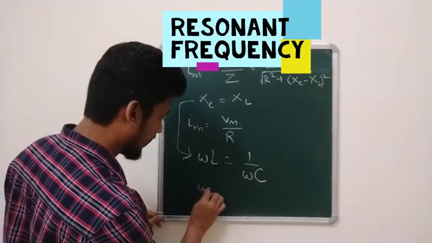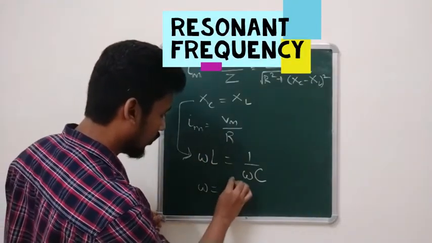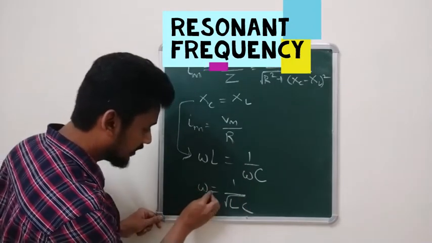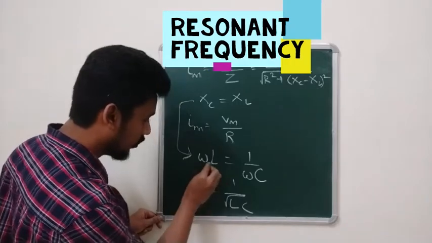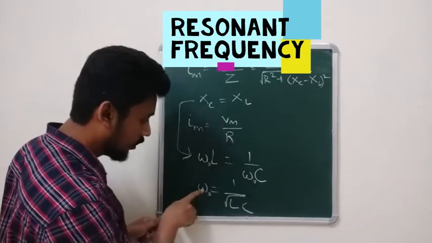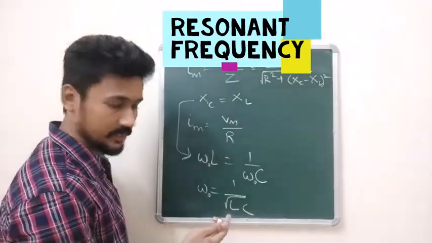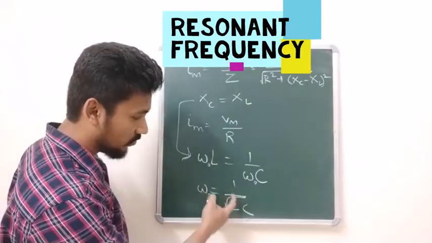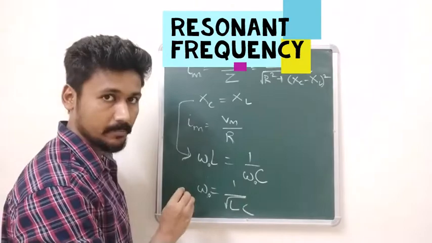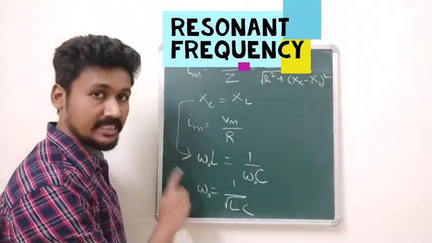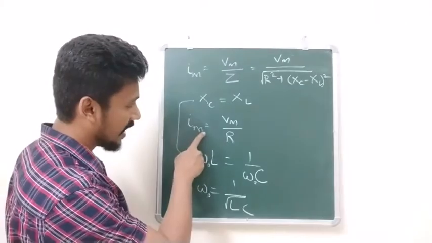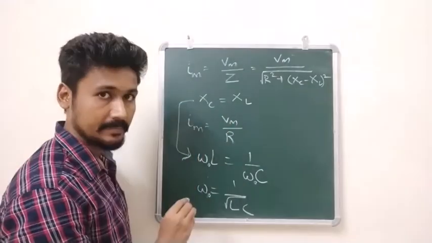We can write this as ω = 1/√(LC). This is given a subscript 0, ω0, and we call ω0 the resonant frequency. So the resonant frequency is 1/√(LC). And at resonant frequency we get the maximum value of the current, which is given by Im = Vm/R.